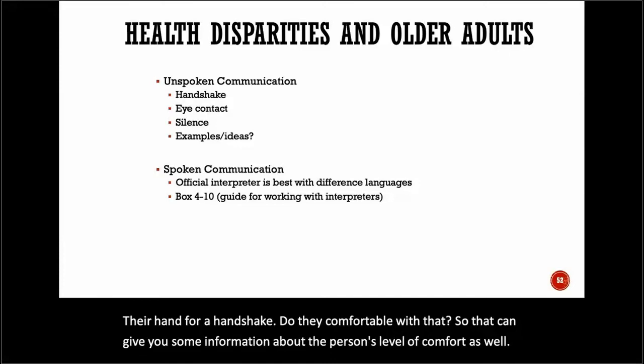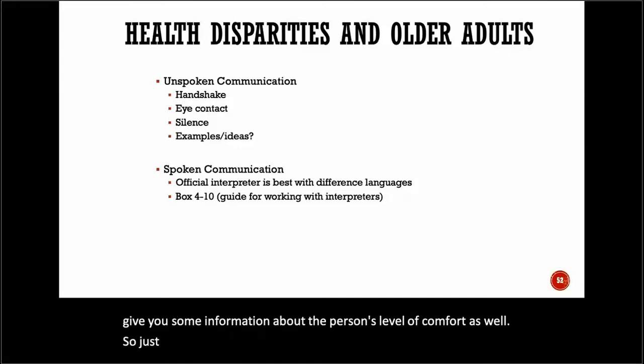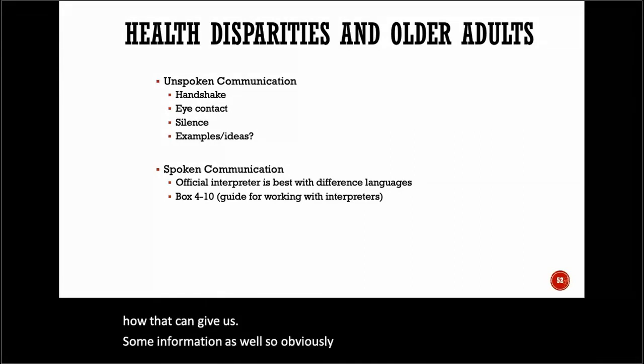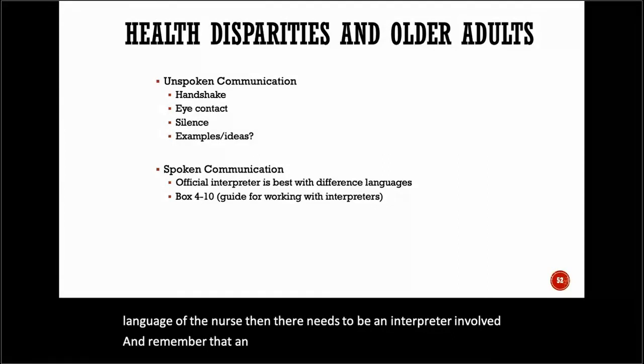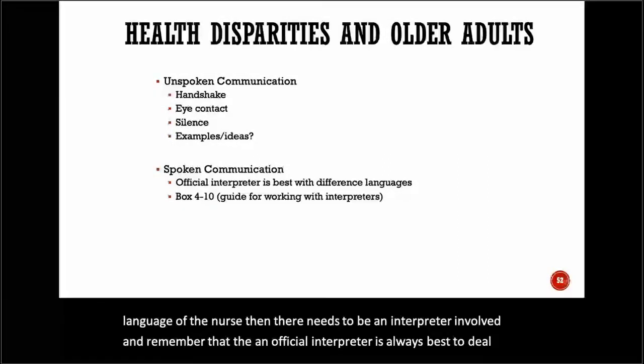And then similarly, spoken communication and how that can give us some information as well. Obviously, if the person doesn't speak the language of the nurse, then there needs to be an interpreter involved. And remember that an official interpreter is always best to deal with differences in languages in healthcare.